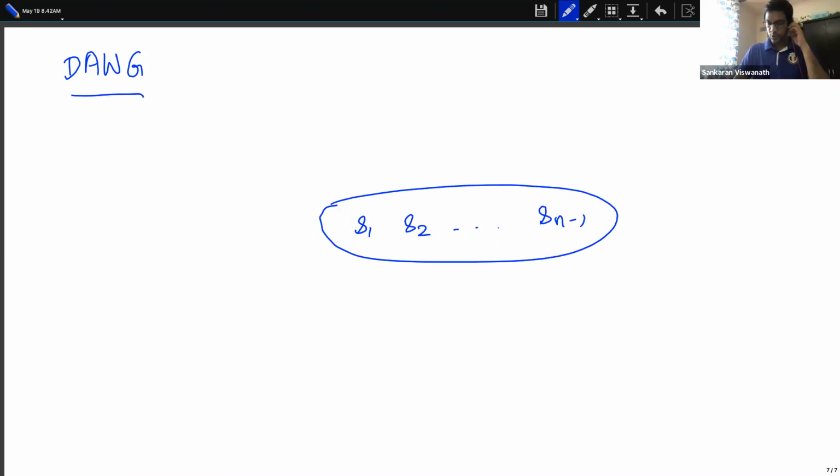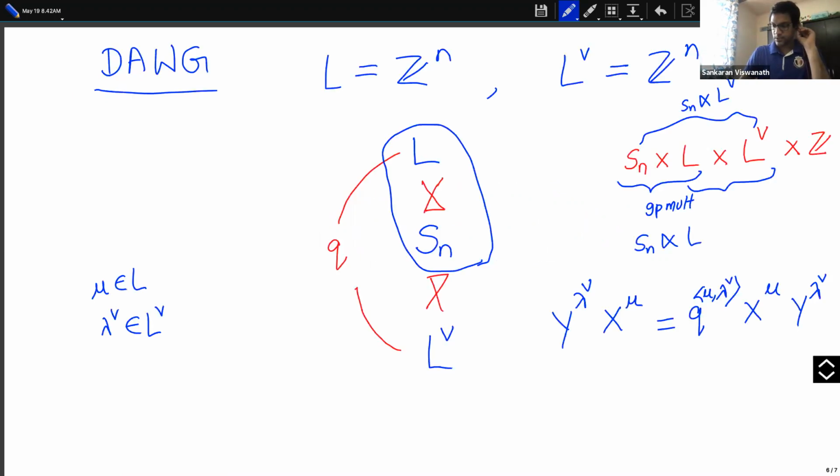So I was going to say that there is this alternate presentation, which is you take S1, S2, Sn minus 1, and the affine Weyl group part, Sn semidirect product L. Corresponding to that, there is going to be this additional element that we call pi.